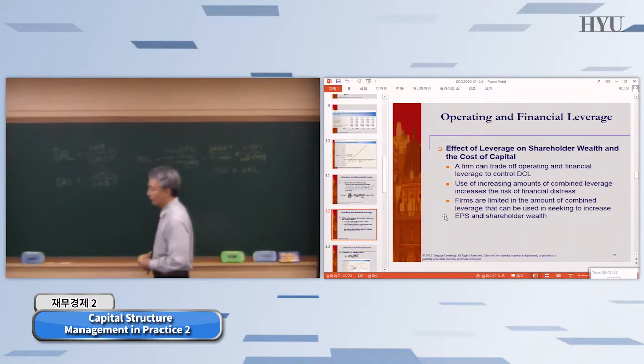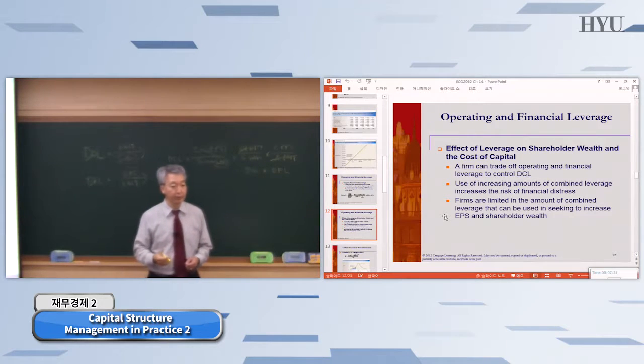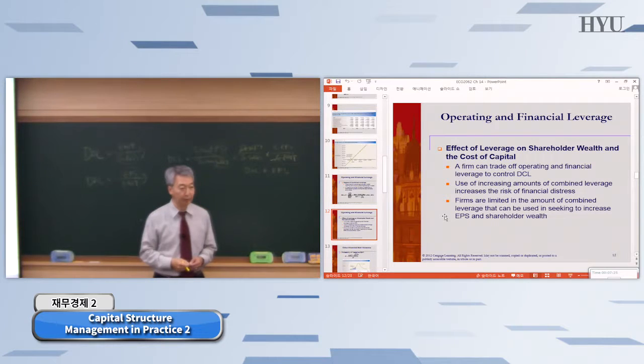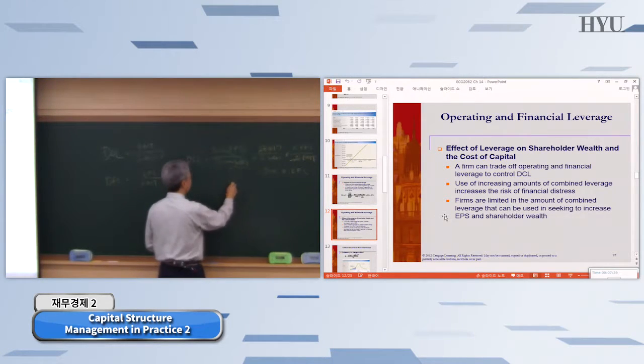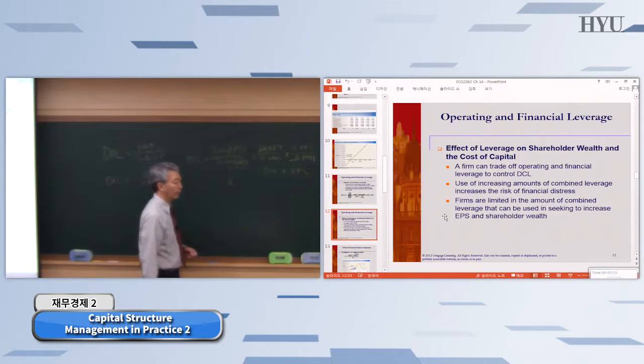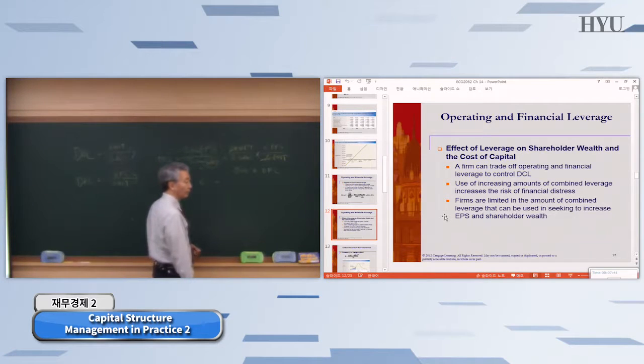If you have a certain desired level of DCL, for example 6, then you can come up with many different choices.